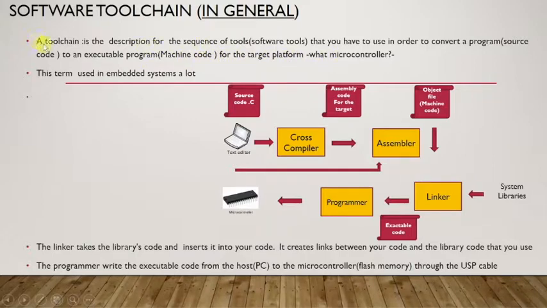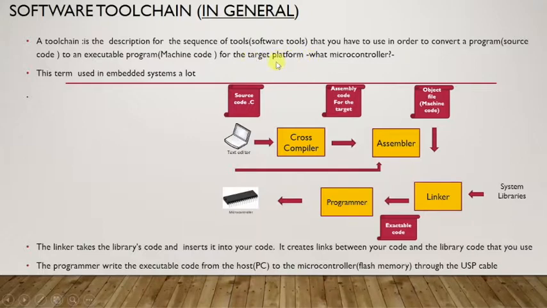So the software toolchain is the whole sequence of software tools you have to use to convert the high-level program, the source code in the C language, to an executable program, which is the machine code for the target platform.